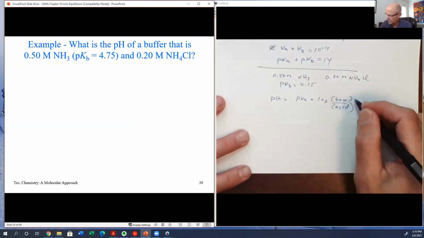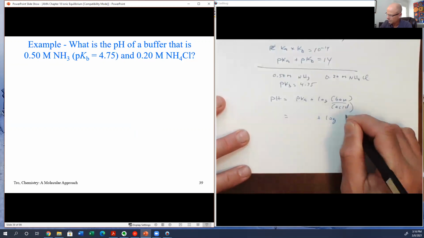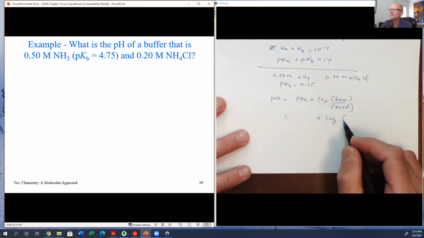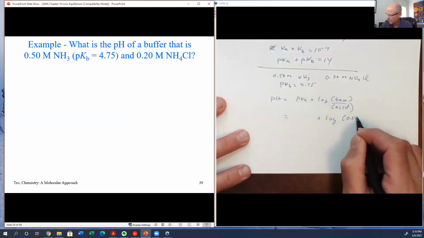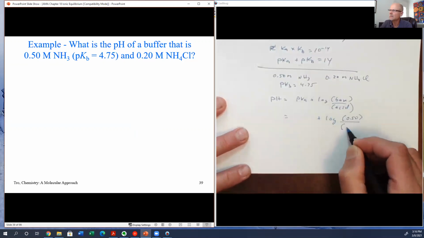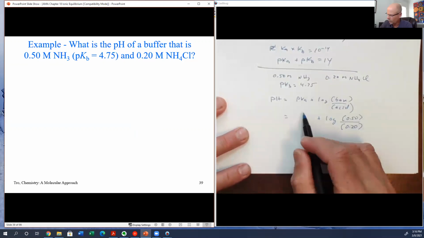So then what's the concentration of my base? Which is the base? 0.5. What's the concentration of my acid? 0.20. And then what's my pKa?